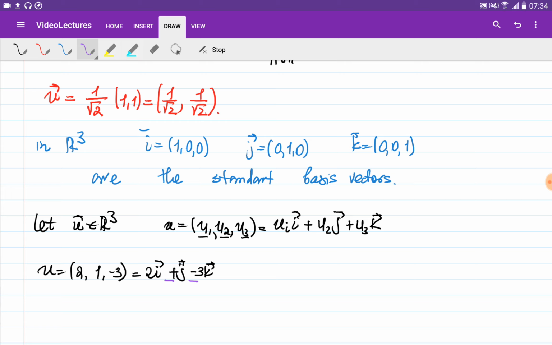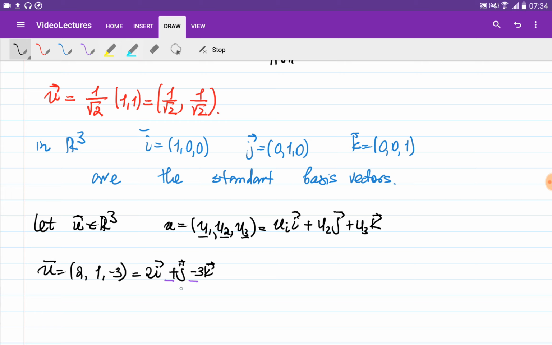They are just denoting the signs of the components of the vector. This plus means that the second component of the vector is positive, and this minus means that the third component of the vector is negative.